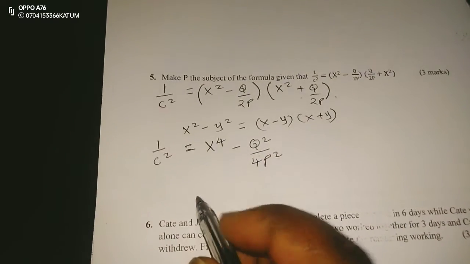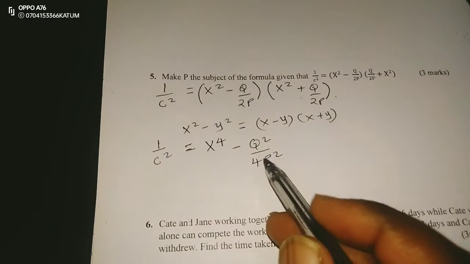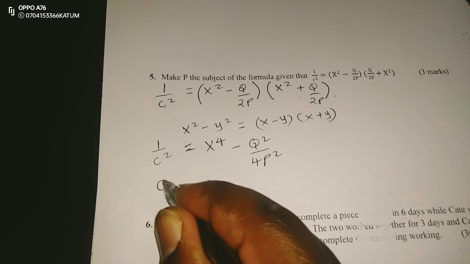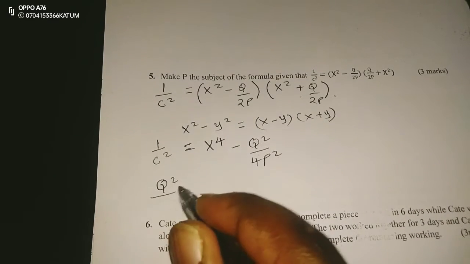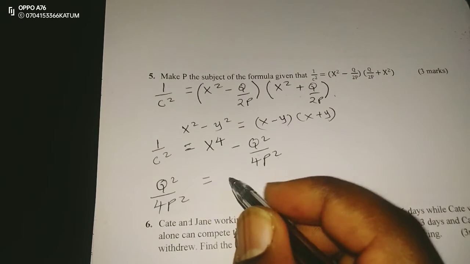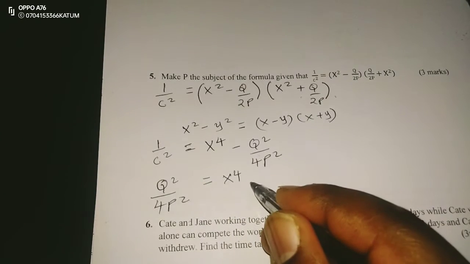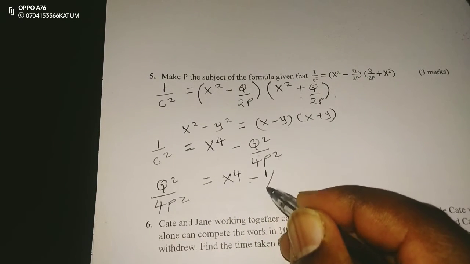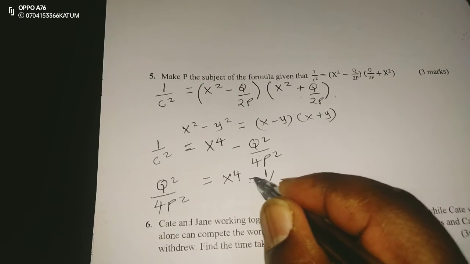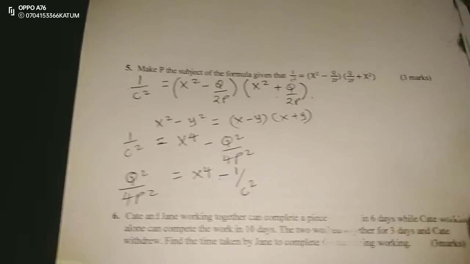The second step, because we are making p the subject, we can have this part with p coming to one side. q squared out of 4p squared is equivalent to x power 4 minus 1 out of c squared. This is still a difference of two squares, but let us continue.